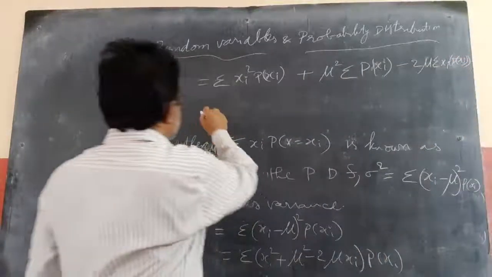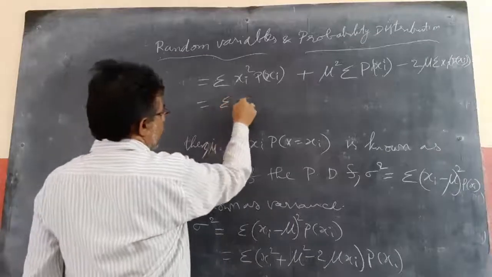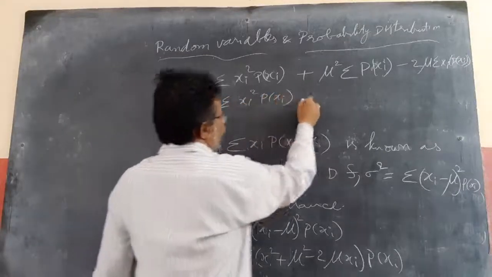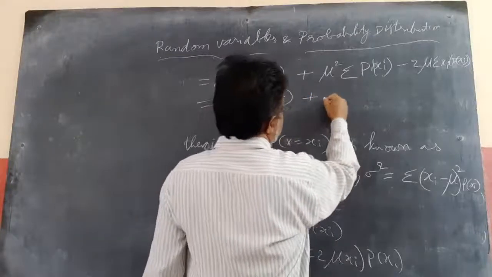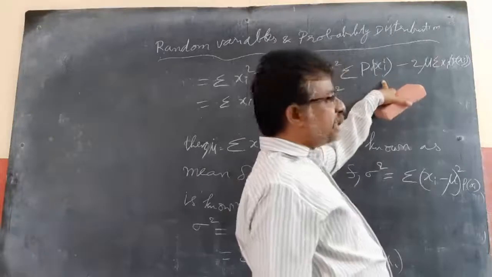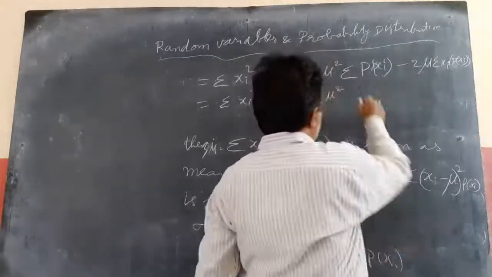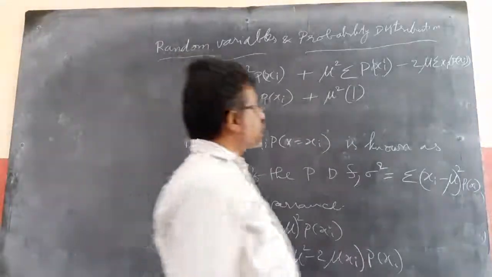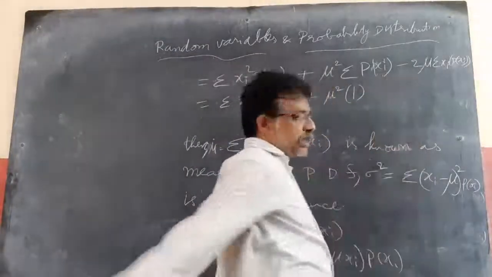Now this becomes sigma xi square into P of xi plus mu square into sigma P of xi. We already discussed that sigma P of xi is 1, since the sum of all the probabilities over the sample space is always one.